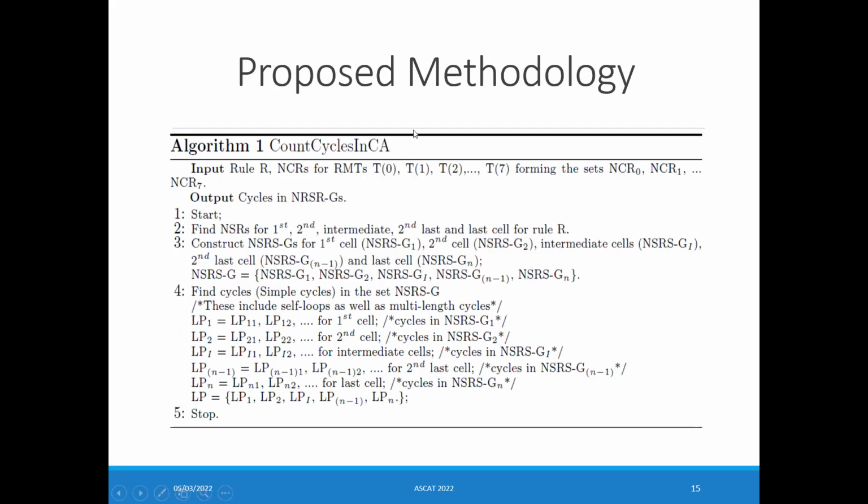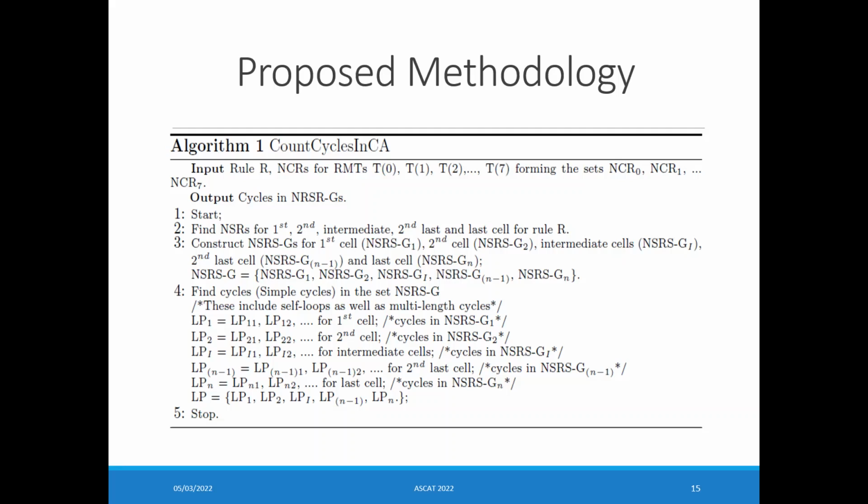This is the first algorithm. It basically identifies the self-loop and multi-length cycle in each NSRSG. So what do we have to identify first? First, we have to identify the NSR in the first cell, second cell, intermediate cell, second last, and last cell.